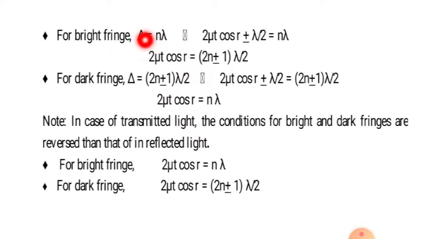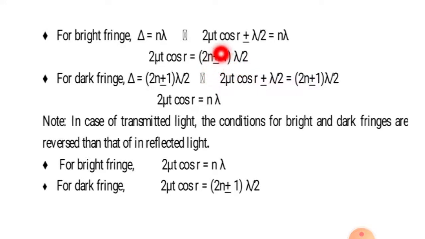The path difference we found is 2 mu t cos R plus or minus lambda by 2, where the plus or minus depends on the phase of the incident wave. Simplifying, we get 2 mu t cos R is equal to 2n plus or minus 1 into lambda by 2.